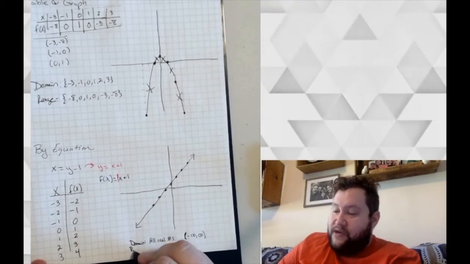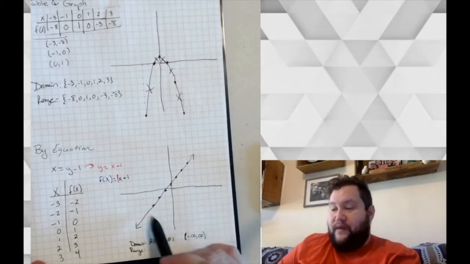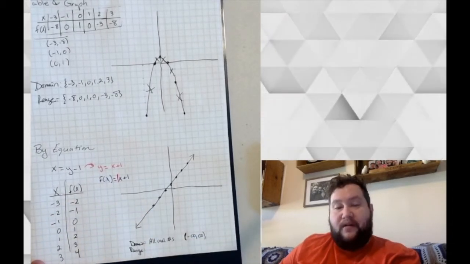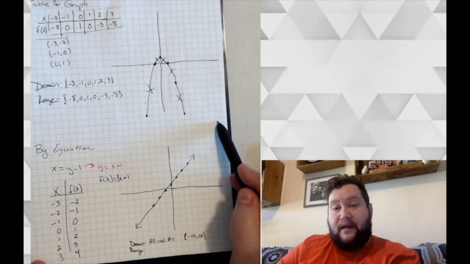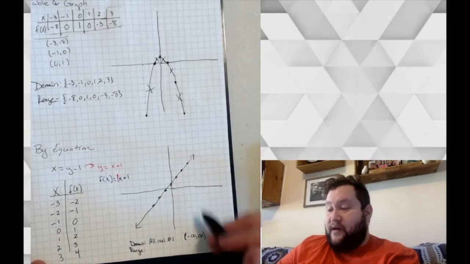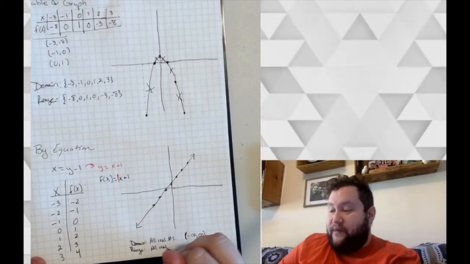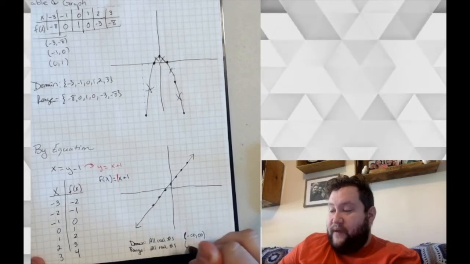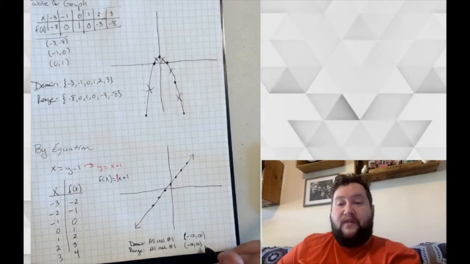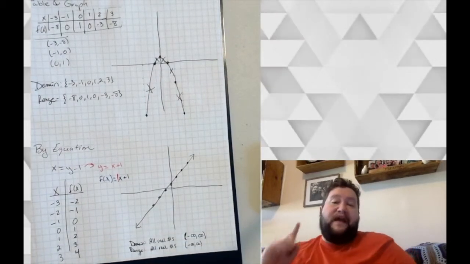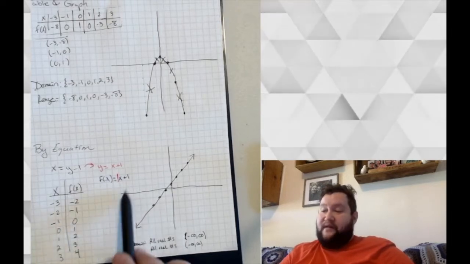And our range, if we have a really, really small x, our y is going to be really small. And if we have a really, really big x, our y value will be high. So we also have all real numbers. So again, we have negative infinity to infinity. So our first question is, does every element of our domain map onto something in the range? And it does.